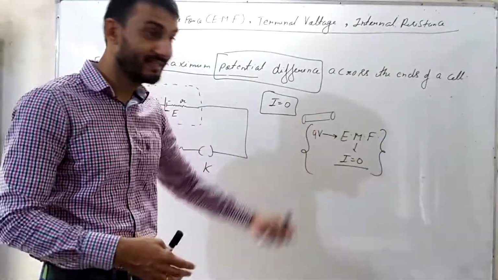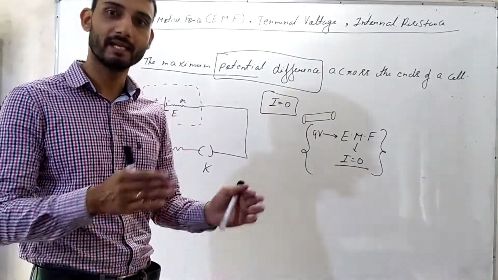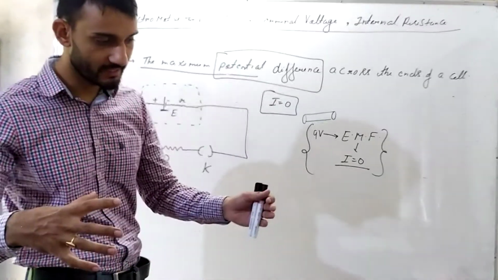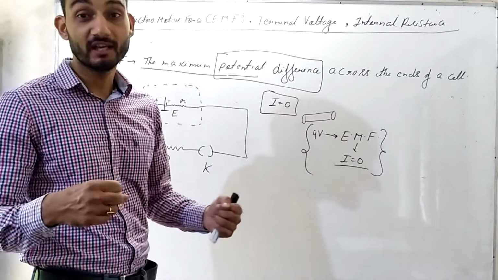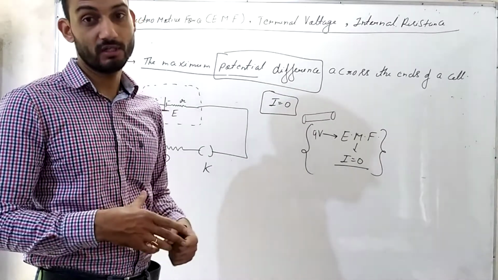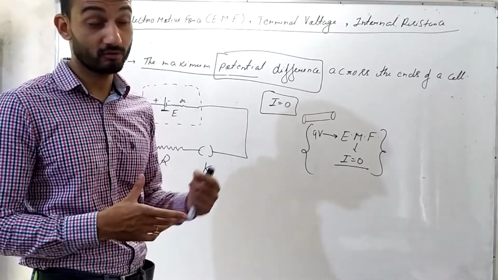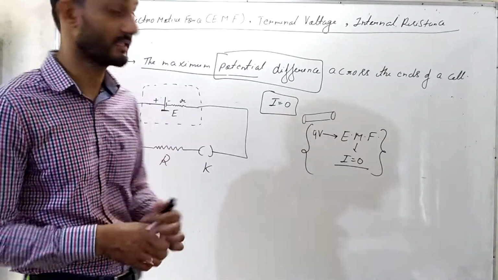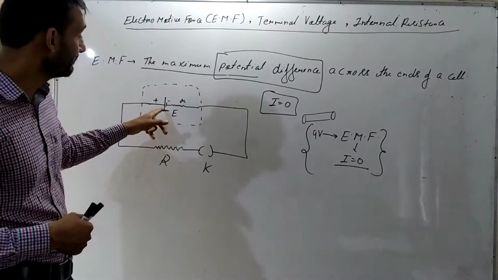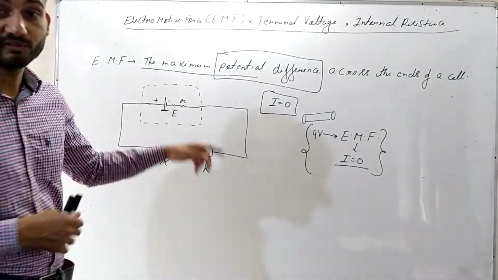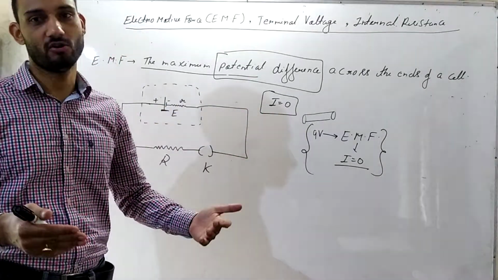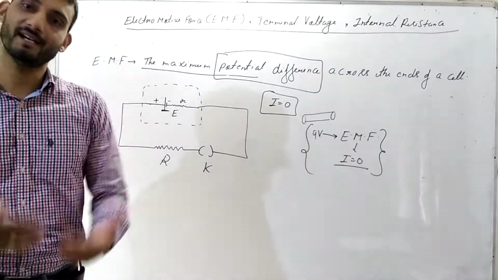When this cell does that, while the electrons are moving, they collide with each other, and this collision of electrons is the cause of resistance. The very first time when the electrons start flowing, they will flow within the cell also in order to provide the current.